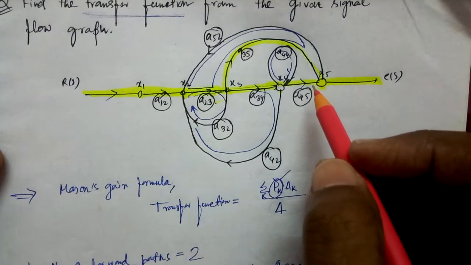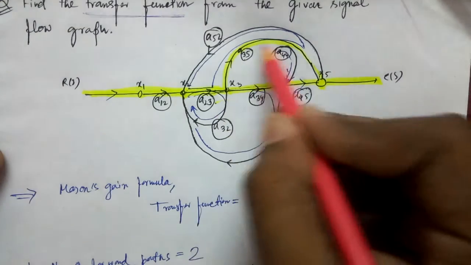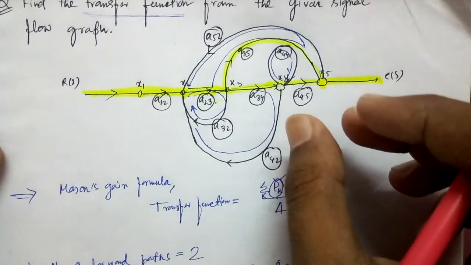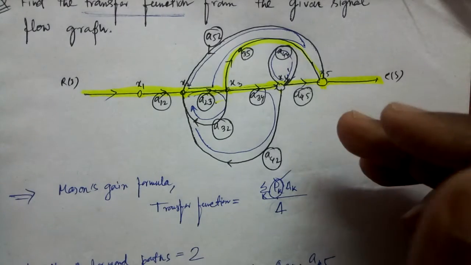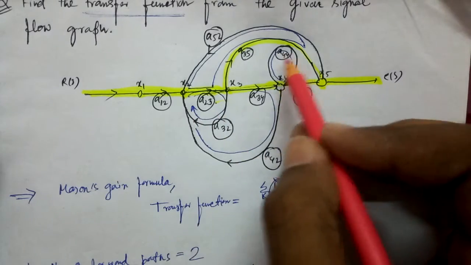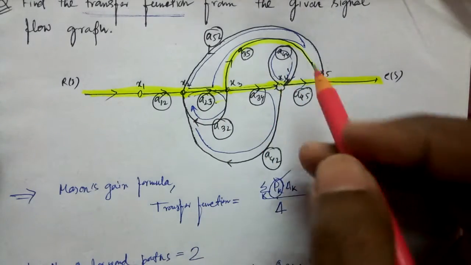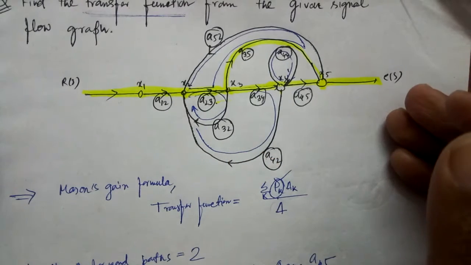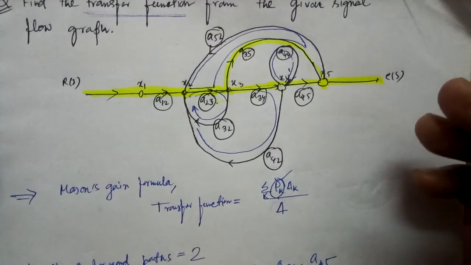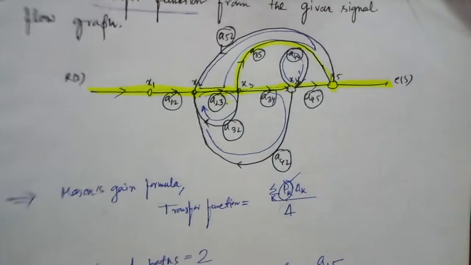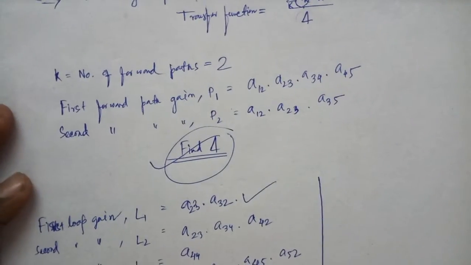Another pair, we can see this loop and this loop are not touching each other, so this is also one pair of non-touching loops. Hence there are two pairs of two non-touching loops, and we can't find any other two or three non-touching loops, so the value of the other parts will be 0, and only the two non-touching loop pairs will be considered in the delta calculation.